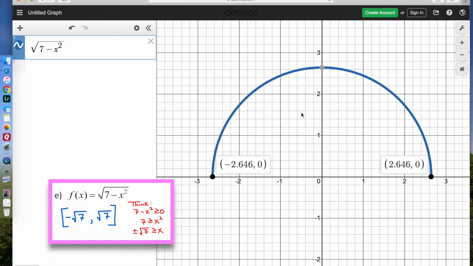They seem to have the same numerical value. One is positive and one is negative. And then in the other part of the video, we computed those to be radical 7, so it's negative radical 7 here to positive radical 7 here. And we used square brackets on both ends, both the negative radical 7 and the positive radical 7, to show that those 2 points are included in your set of all x values.